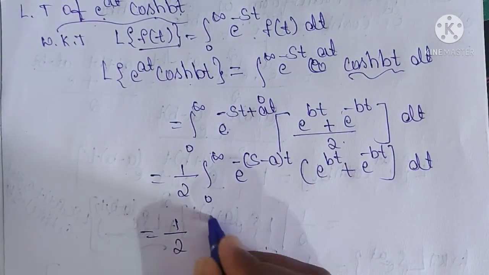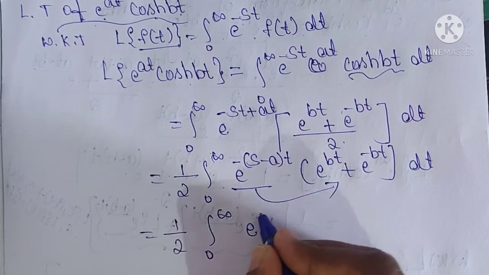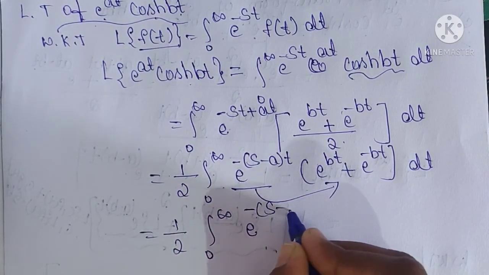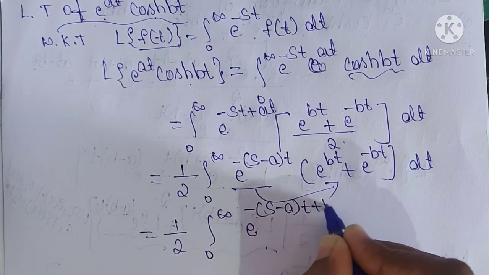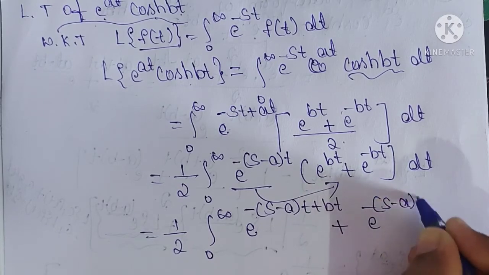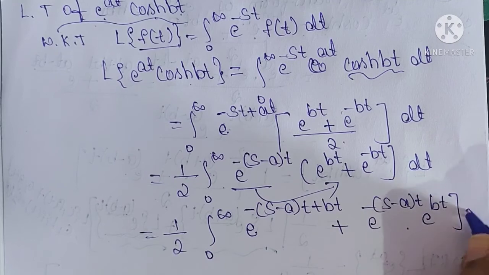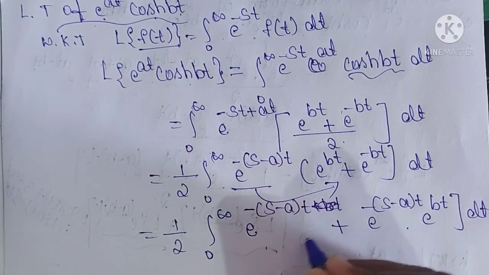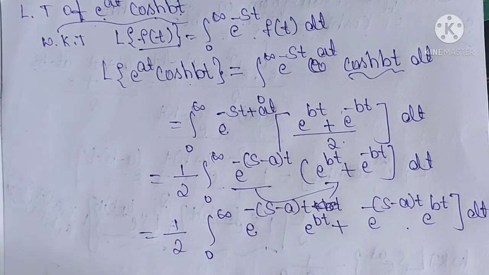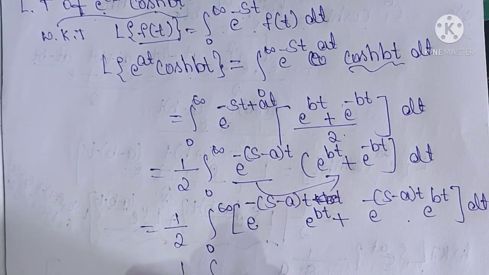1/2 as it is, integral from 0 to infinity. Multiply this term to both the terms: e^(-(s-a)t) e^(bt) plus e^(-(s-a)t) e^(-bt) dt. If the bases are the same, we can add the powers.